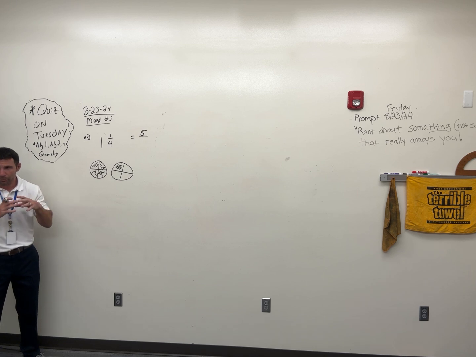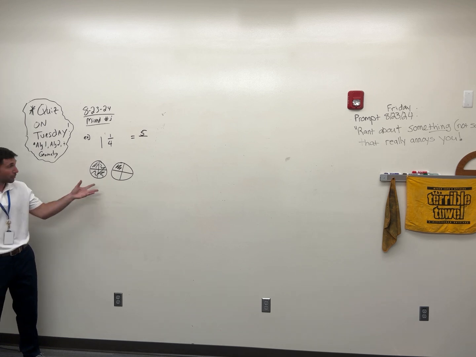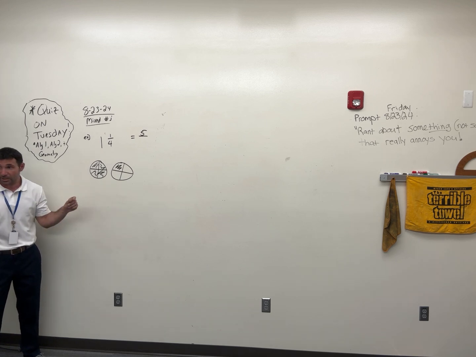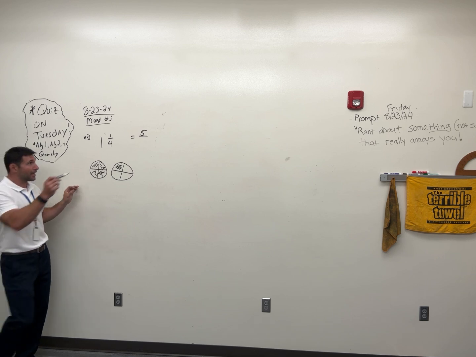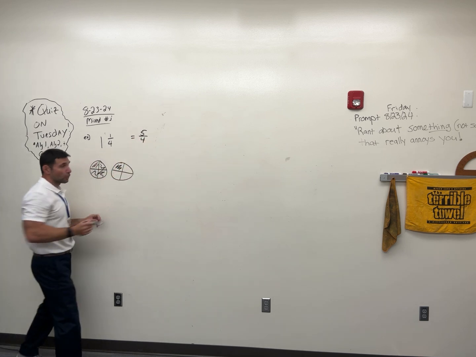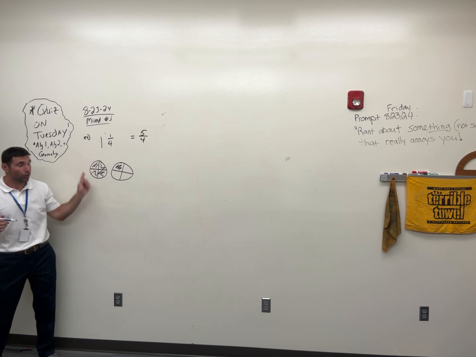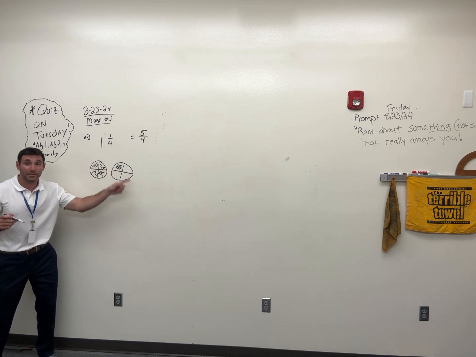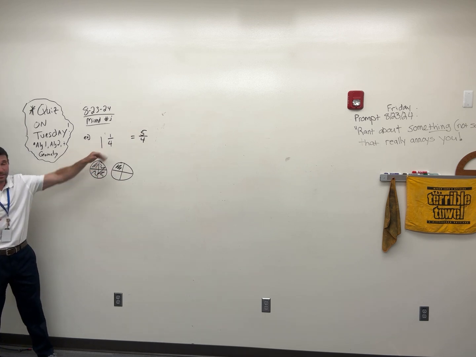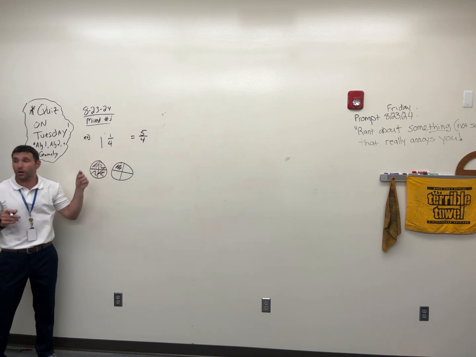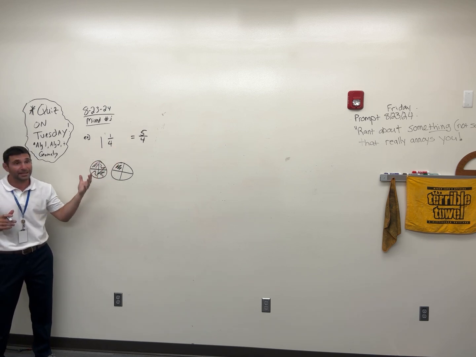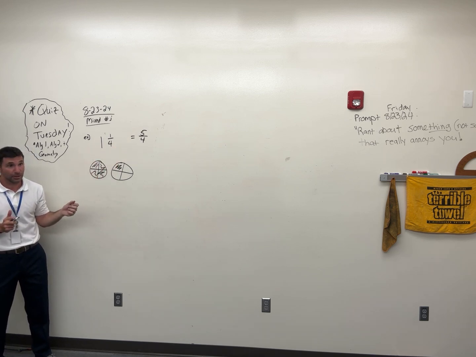What's the whole number for each pizza? 4. The total would be 8, but of each pizza there's 4 slices. I ate 5 fourths. So I ate a whole pizza plus one more slice of the other. That's the same thing. All 3 of these are equivalent. They're showing the same value but look very different, right?